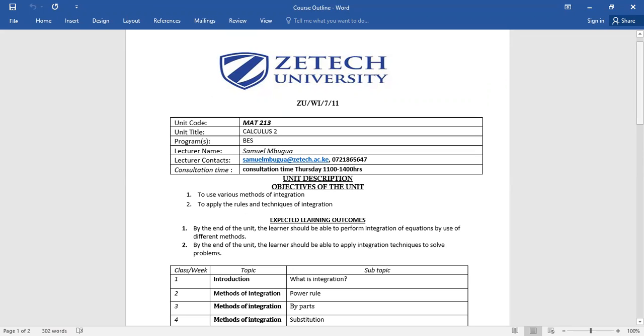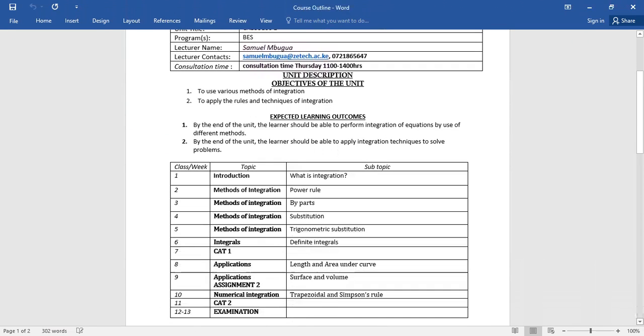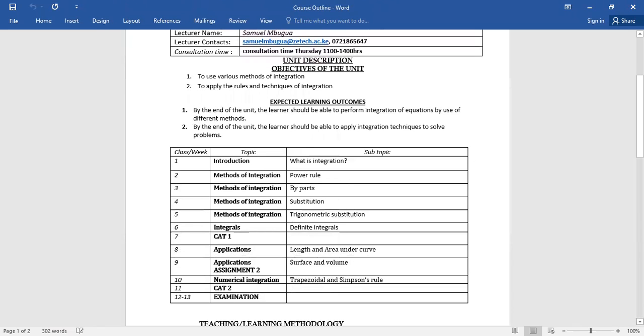So particularly, we'll be looking at the various methods of integration. We'll be looking at power rule. We'll also be looking at integration by parts, integration by substitution. Then we'll be looking at trigonometric substitution and definite integrals.